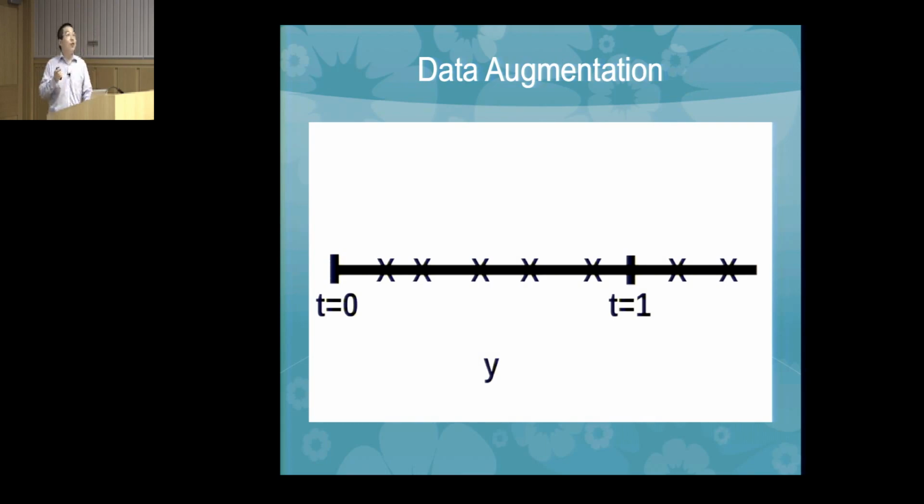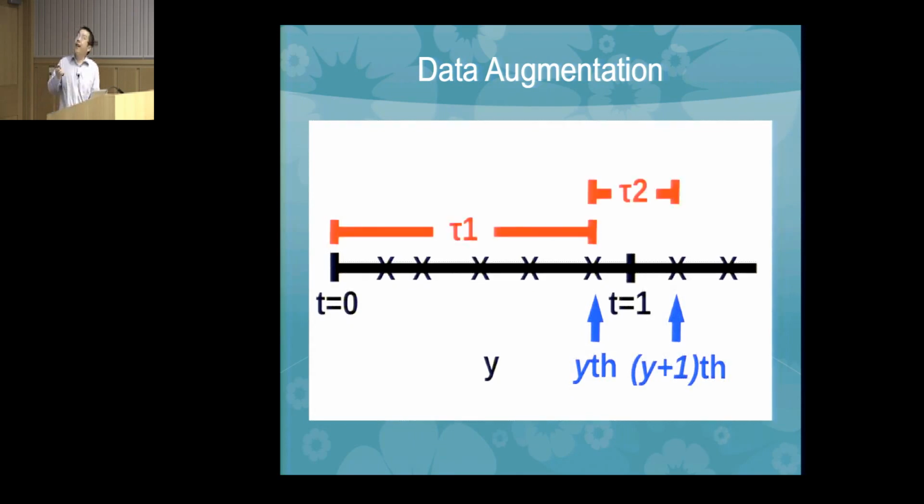So all you need to do is record the time of the Y-th count and the time of the (Y plus 1)-th count, and make sure that t equals 1 happens between these two. This gives you an equivalent measurement of the Y counts in this interval.